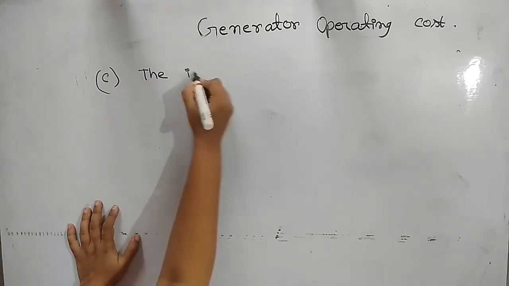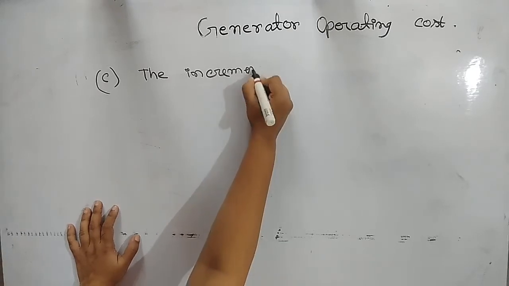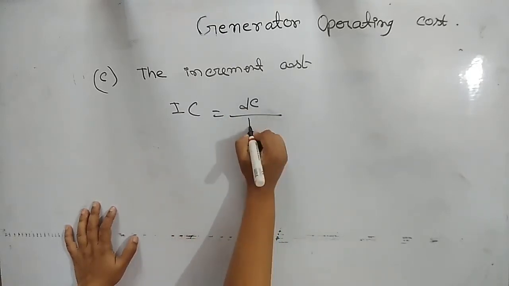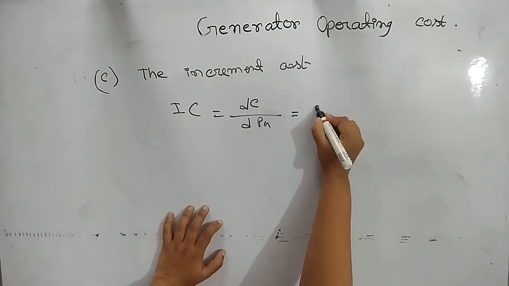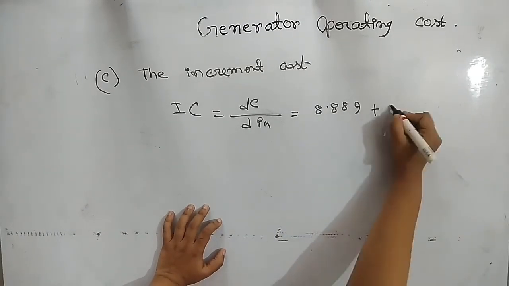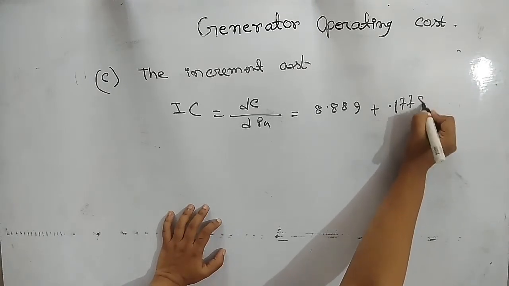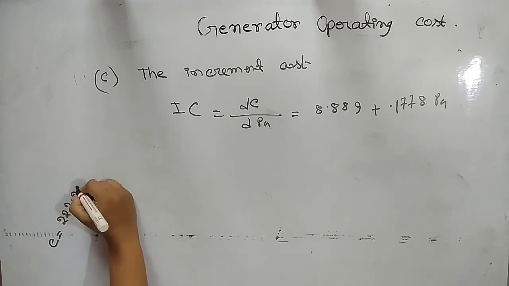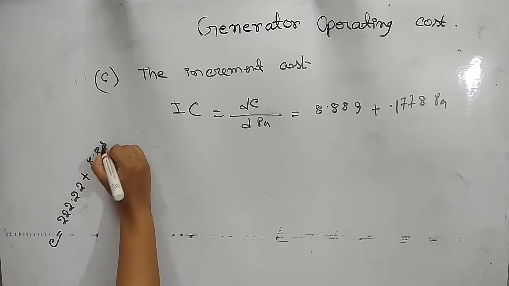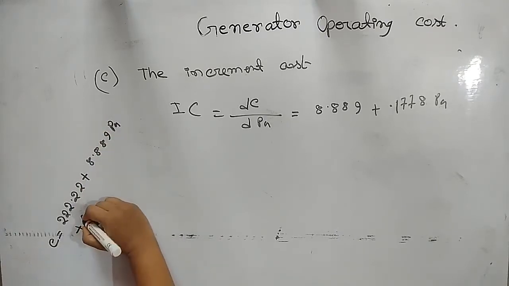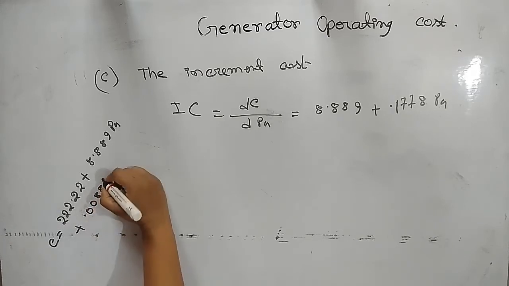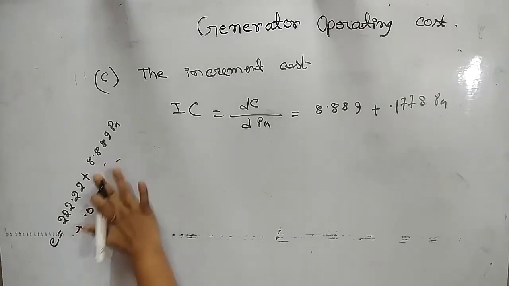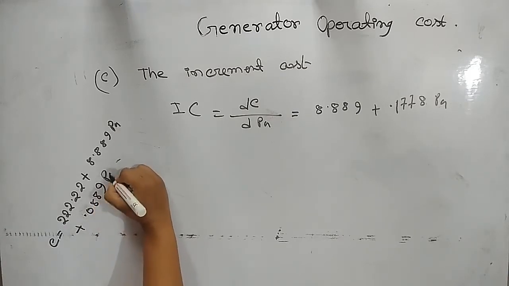The incremental cost IC equals to DC by DPG, that is equals to 8.889 plus 0.1778 PG, because the value of C is equal to 222.22 plus 8.889 PG plus 0.0889 PG square.